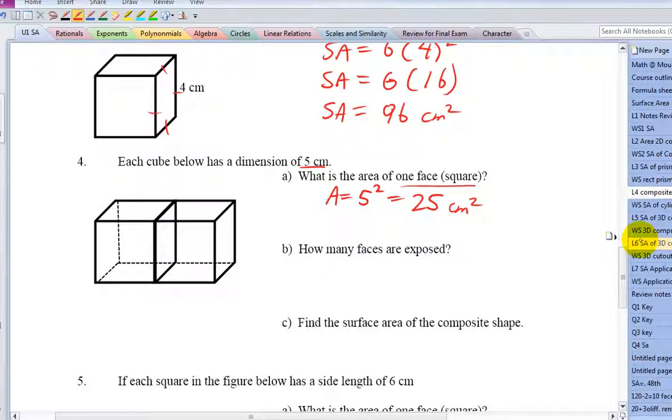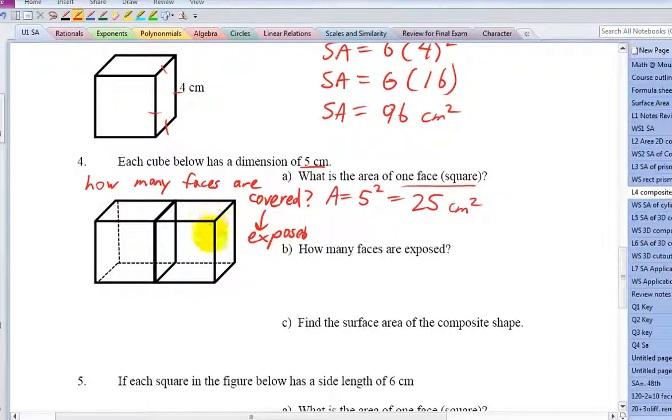How many faces are exposed? So you want to basically ask yourself, how many faces are covered? Sometimes flipping the question around like that can really help. Then you can answer the question, how many are exposed?